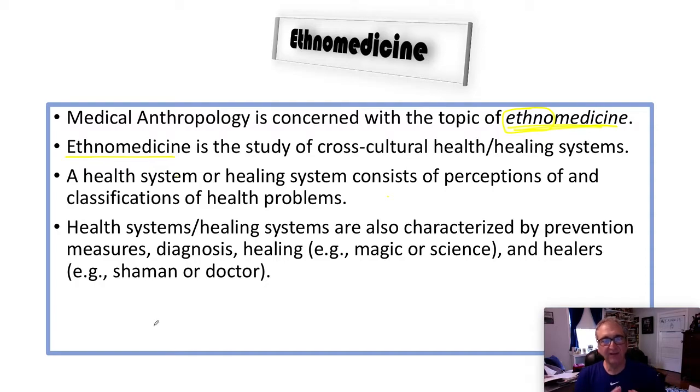Now, besides the creation of labels and categories of health problems and perceptions of health problems, health systems or healing systems are also characterized by other things, like how do you prevent sickness, right? All cultures are interested in how to prevent sickness, how to diagnose it, or how to heal it, right?